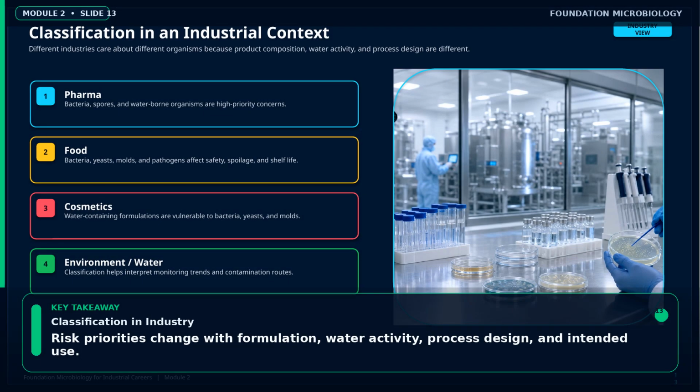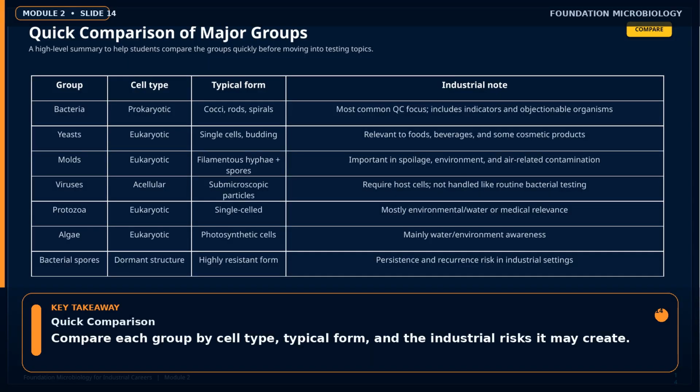Different industries prioritize different microorganisms because product composition, water activity, manufacturing conditions, and intended use are not the same. In pharmaceuticals, food, cosmetics, and environmental monitoring, classification supports a risk-based interpretation of microbiological results.